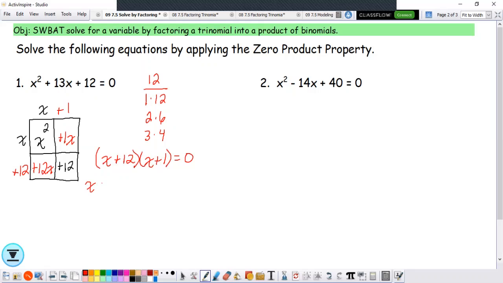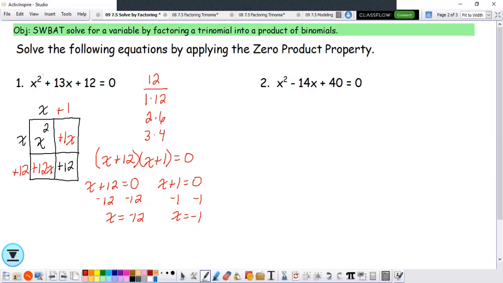So we would take x plus 12, set it equal to 0, and x plus 1 equal to 0. And we subtract 12, so x equals negative 12. And we subtract 1, x equals negative 1.